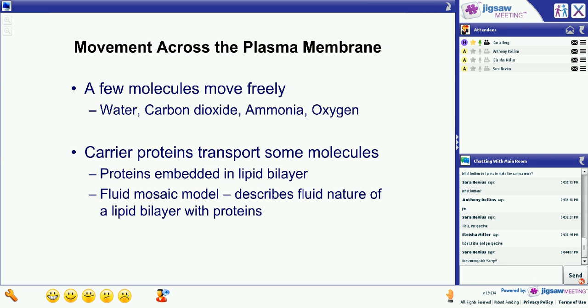But there could be either land or rocks like a jetty that keep other molecules from moving freely. Boats can't just move in and out of the harbor. They need to find a channel or a carrier protein so that they can move over or through the membrane.